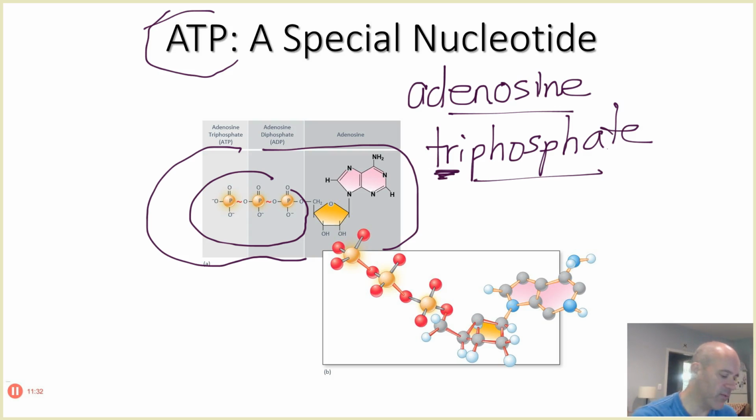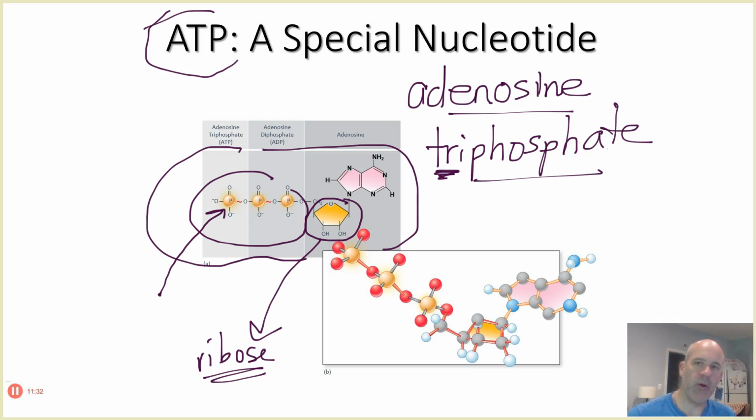A phosphate is just a phosphorus atom surrounded by oxygen atoms, so bonded to oxygen atoms surrounding it. Those phosphates are attached to the sugar right there. It's a sugar that's called ribose. And ribose is a type of pentose sugar. It has 5 carbons in its backbone.